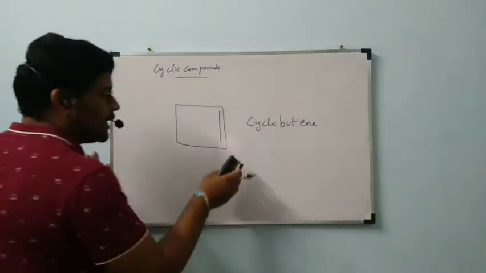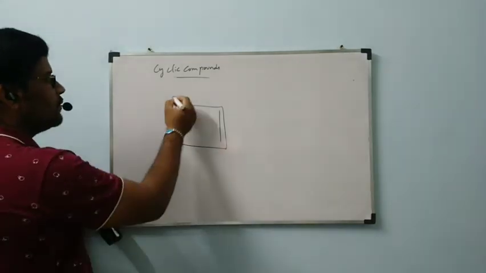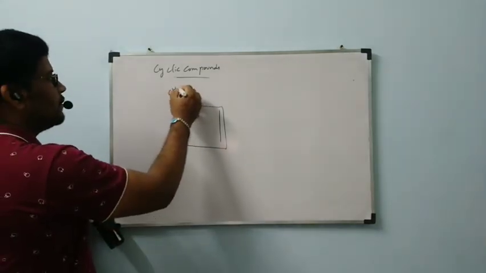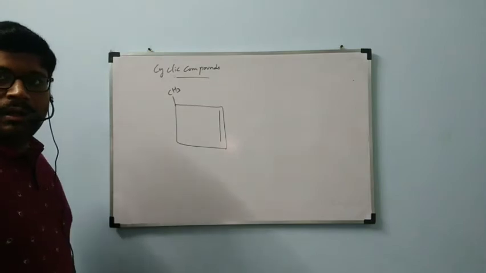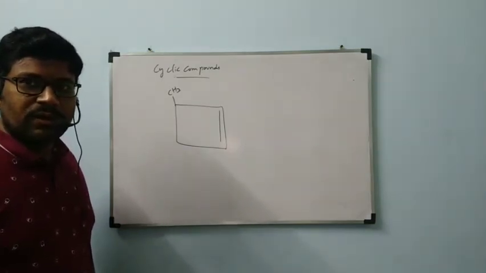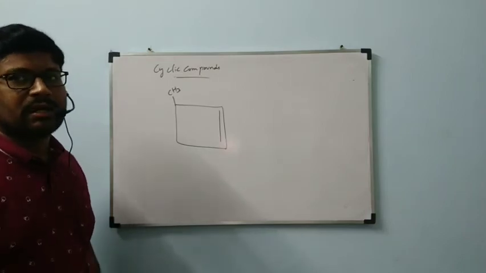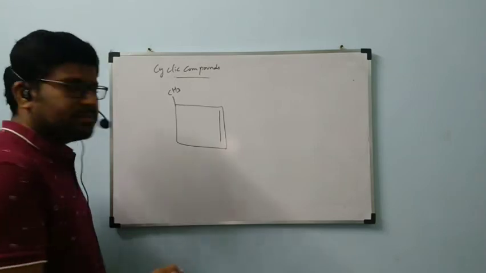This compound I gave the name cyclobutene. In this compound only, if we have a methyl group here, then what are we going to do? We have to give numbering clockwise or anti-clockwise, so I am taking the same molecule two times.